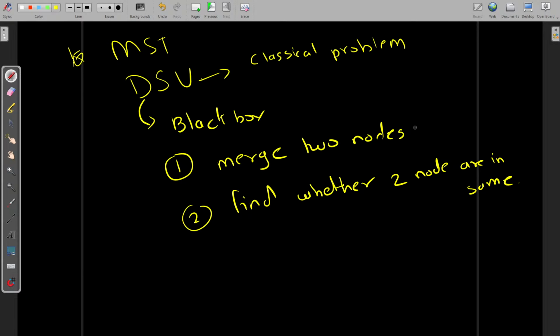And this is done in alpha of n. Let's not talk about alpha, just say that this is smaller than log n. Log n works, right? And this is smaller than log n, so this also works. So we will be using these two ideas from DSU as a black box.